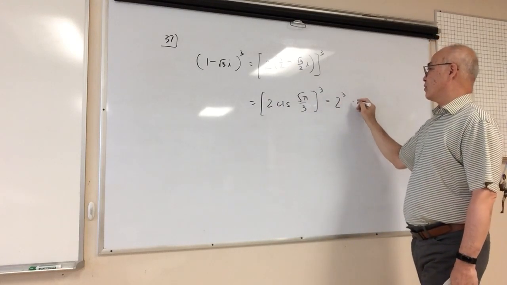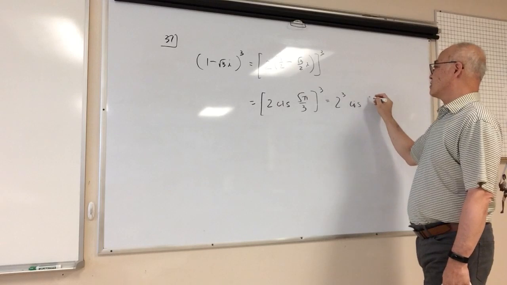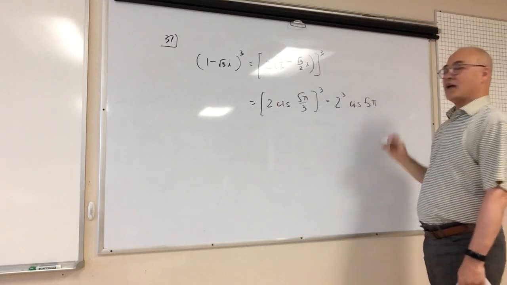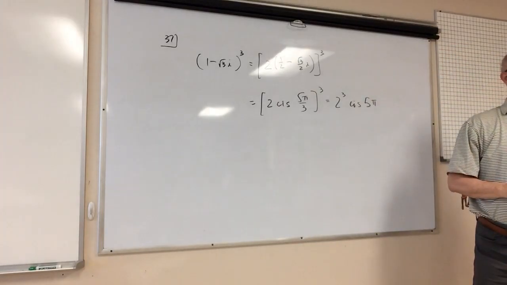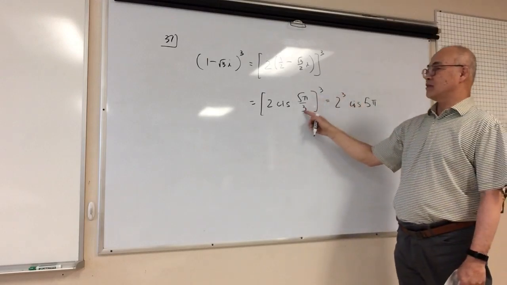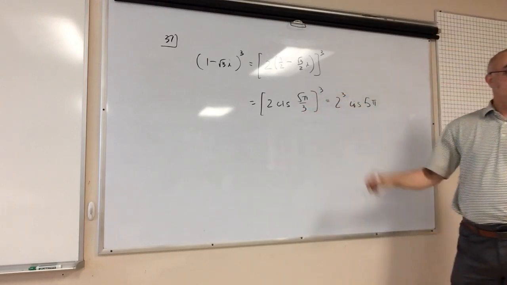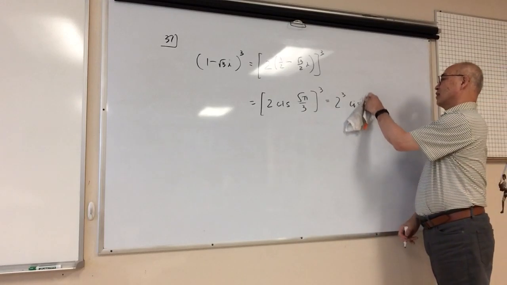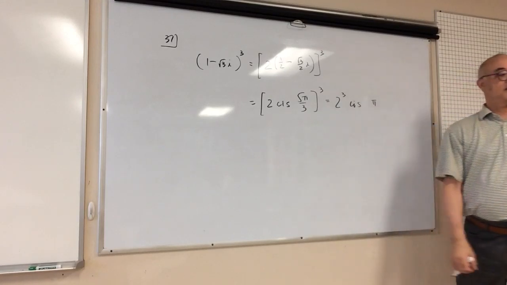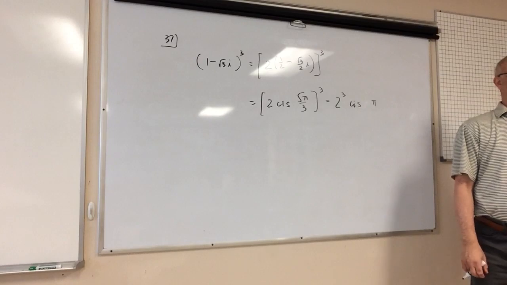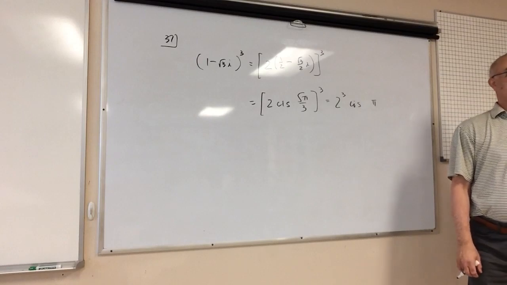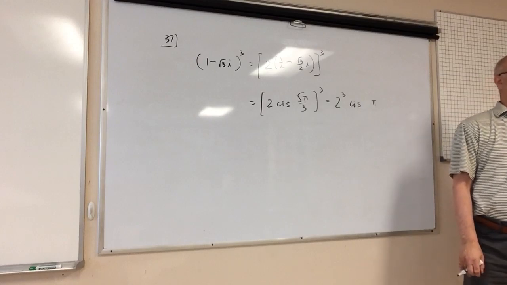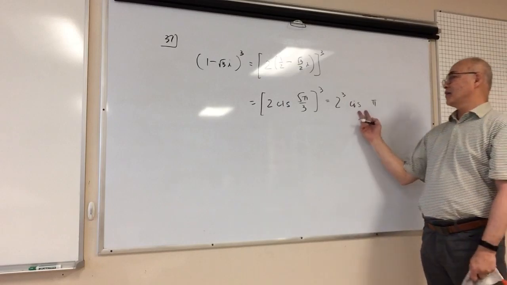2 to the third, cis 5 pi, because I multiply this by 3. That's why I get the 5 pi. Which is the same as pi. 5 pi minus 2 pi is 3 pi, minus 2 pi is pi, right? So I get 8 cis pi.